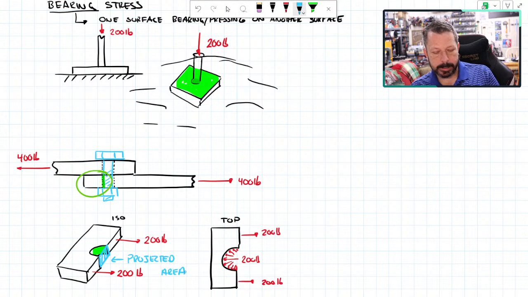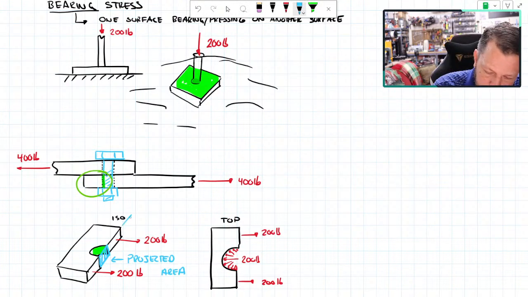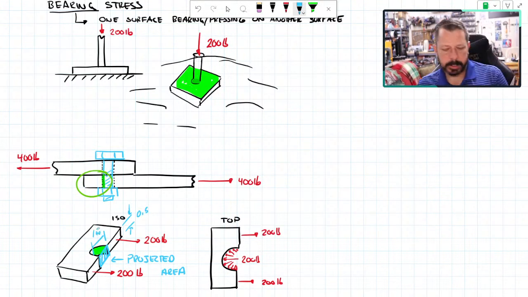So in this case, the projected area, I didn't put dimensions. Let's use our same 1/2 inch plate. And let's make that the same hole that was 1 inch. And so the projected area would be 1 inch times 1/2 inch. So it'd be 1/2 inch squared.